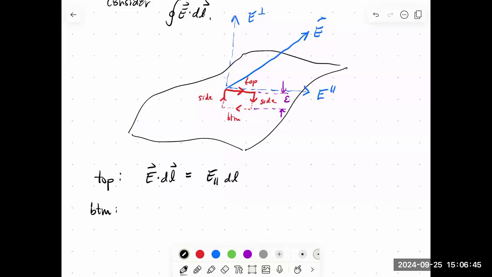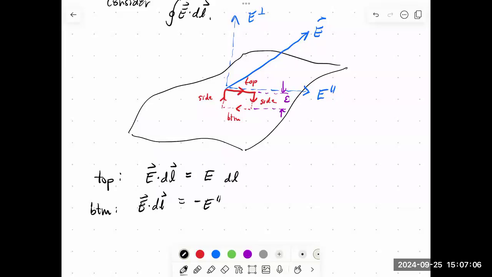And for the bottom, well, everything's more or less the same, except the path now is off to the left, whereas the electric field tends to the right. And so we'll just pick up that minus sign. Here, I have to get my notation right.